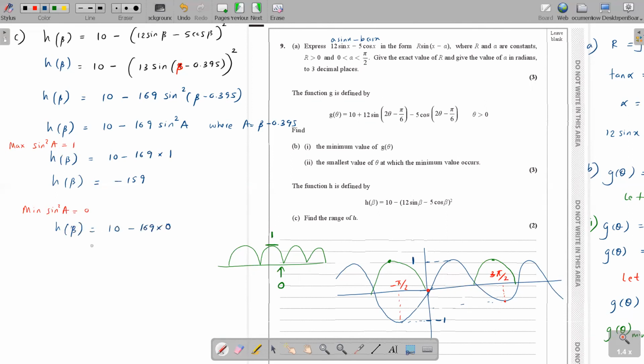The smallest value is 0, which gives you 10 minus 0, which is 10. So the range of h beta is greater than or equal to minus 159 and smaller than or equal to 10. So this should be your final answer.